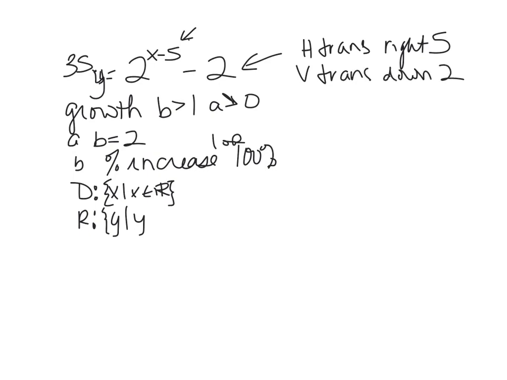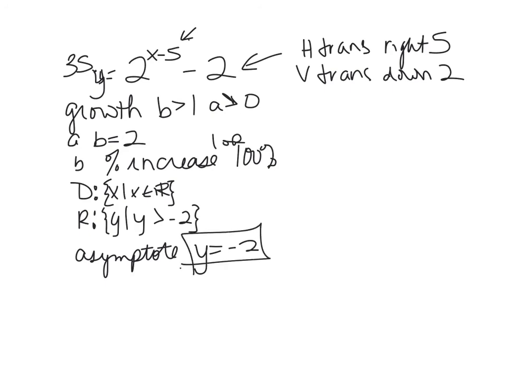That means my range is y is greater than -2 because it moved my asymptote from 0 to -2. So the equation of the asymptote is y equals -2. It must be written like this, y equals. It's not an equation if you just say -2. We already described the transformation from the parent graph here. And now let's actually graph it.